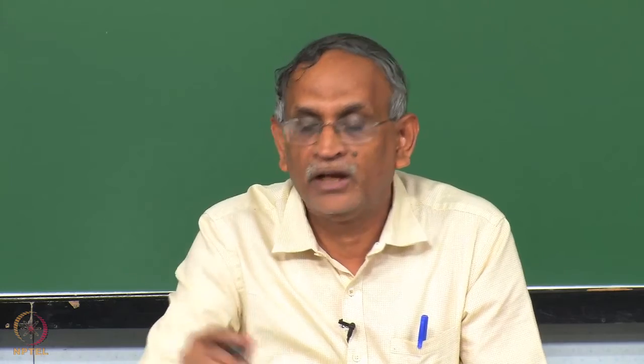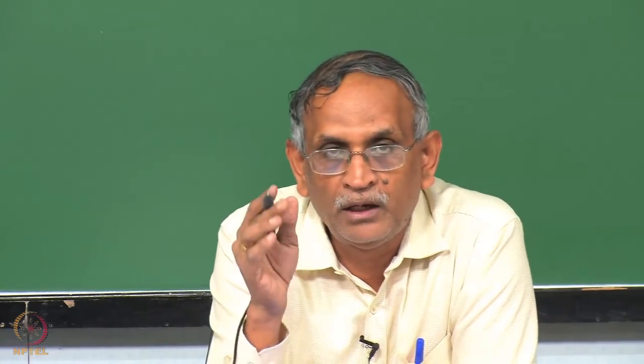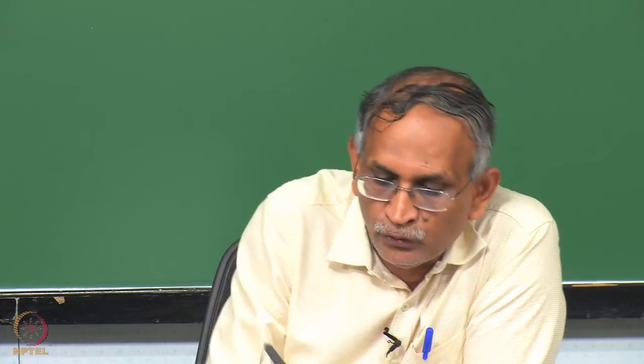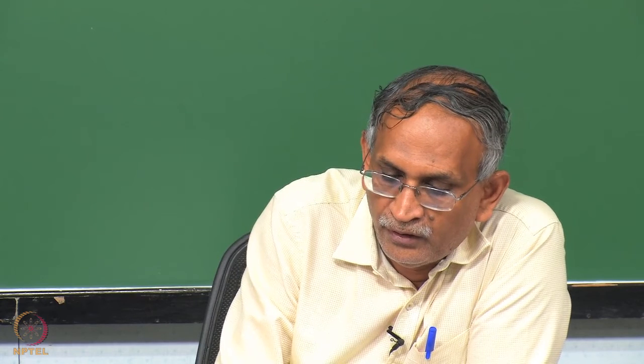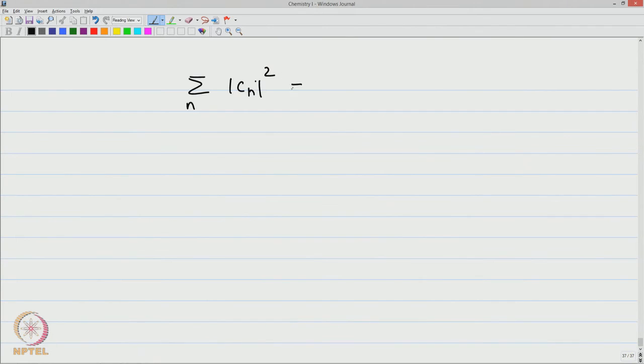Therefore, the orthonormal eigenfunction expansion of any arbitrary function gives you the sum over n of Cn square, which is the normalization of that function psi x, dx from 0 to L, and that is 1. Therefore, the sum over n of Cn square is 1.